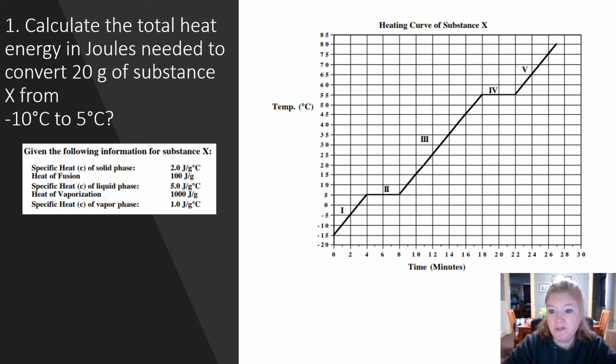Okay, so now here's a question. Calculate the total heat energy in joules needed to convert 20 grams of substance X from negative 10 degrees Celsius to 5 degrees Celsius. Okay, so you can see negative 10 to 5. It would be just a solid at that point.